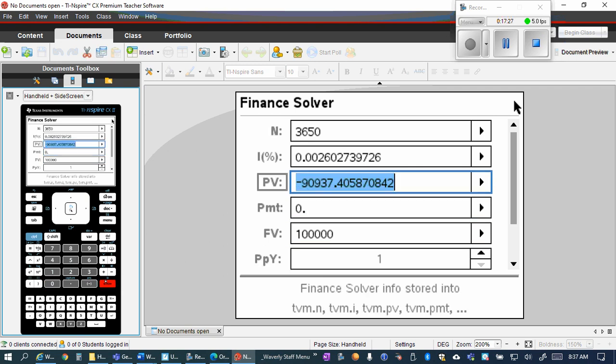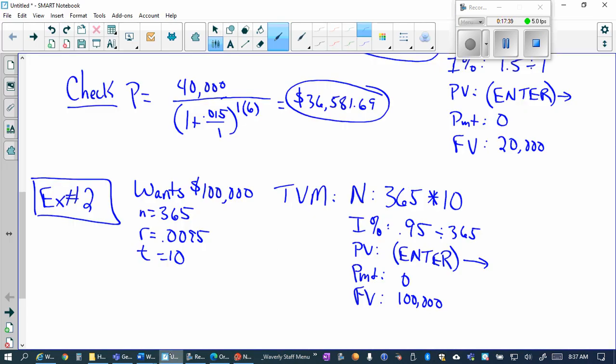Is that what you guys got? Notice it says negative 90,437.41, right? So you want to have a negative 90,437.41, okay? That's negative because you need to start with that in the beginning.